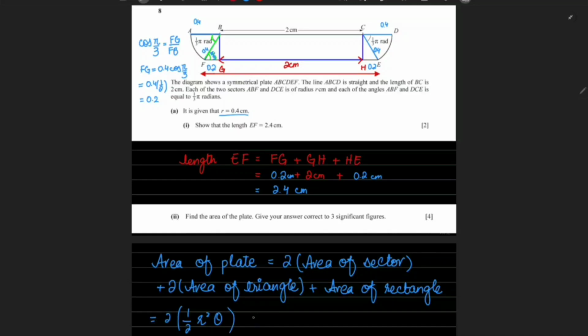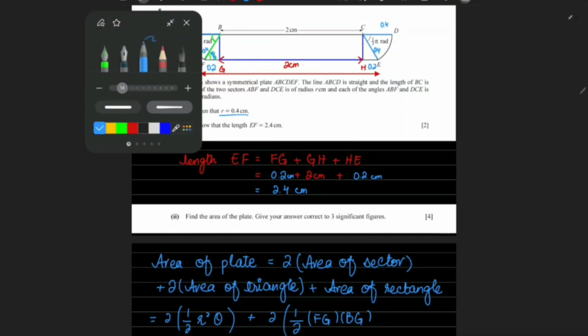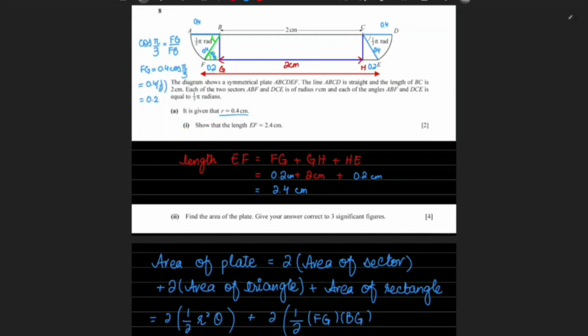So twice the area of the sector plus twice the area of the triangle, half base times height. I'm writing the base in FG form, or you can generalize it. The best is to generalize this.